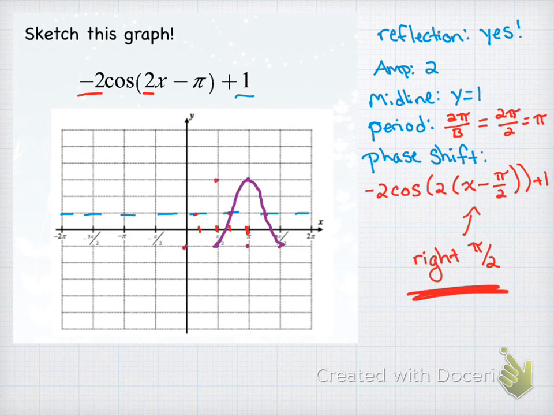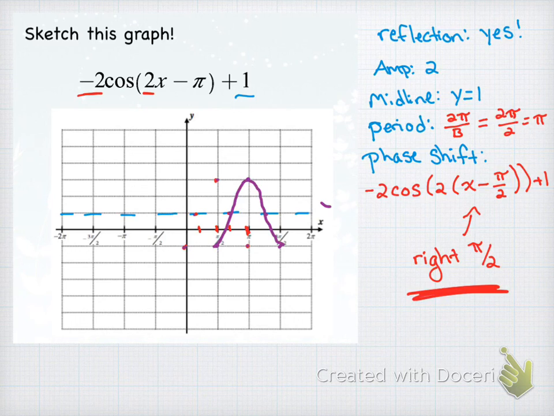is that. It starts 2 below the midline. It takes one cycle, finishing up in pi units. I have shifted everything to the right pi over 2, and my midline is at y equals 1. So I think I have accounted for everything I need to account for. So this is one cycle.